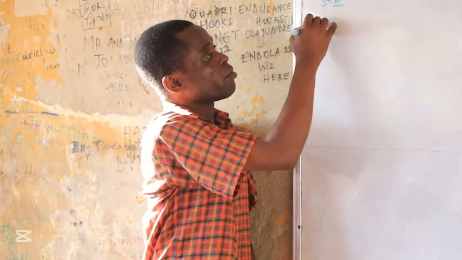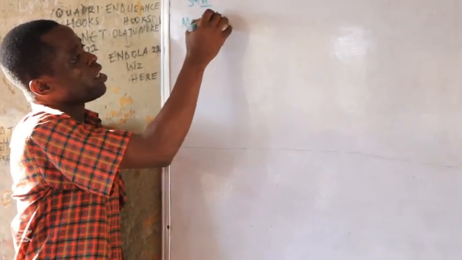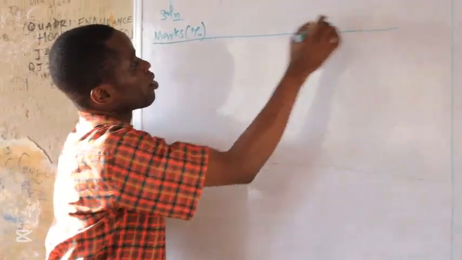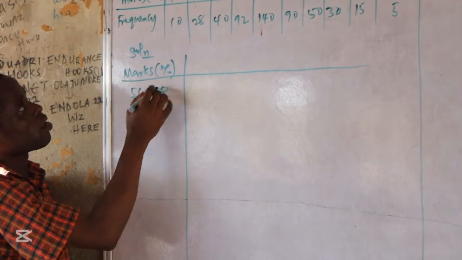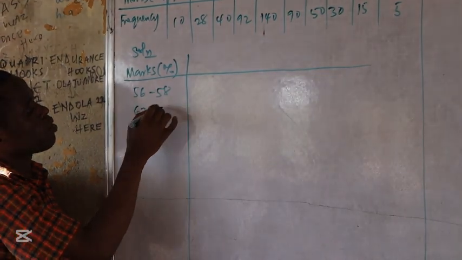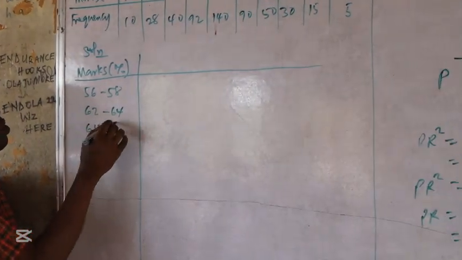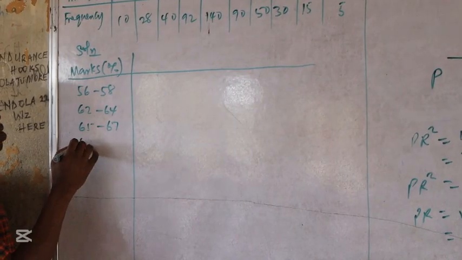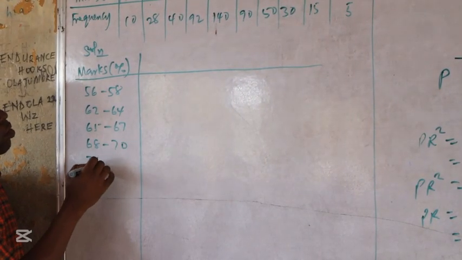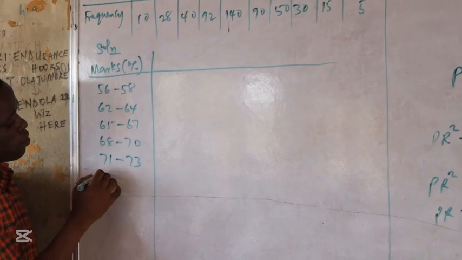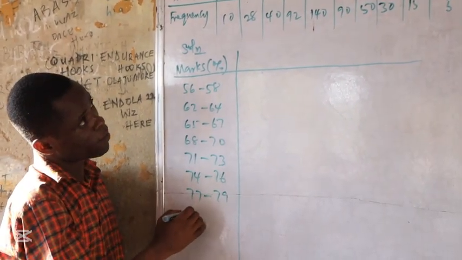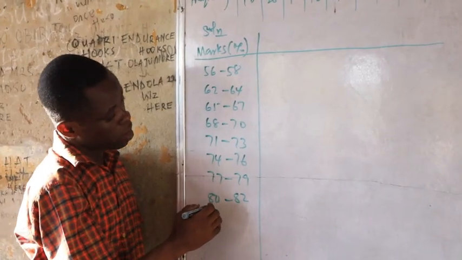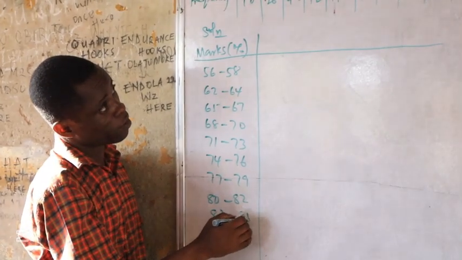We have marks in percentage: 56 to 58, 59 to 61, 62 to 64, 65 to 67, 68 to 70, 71 to 73, 74 to 76, 77 to 79, 80 to 82, 83 to 85.